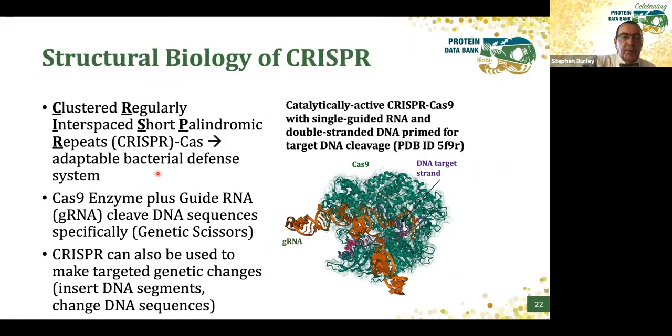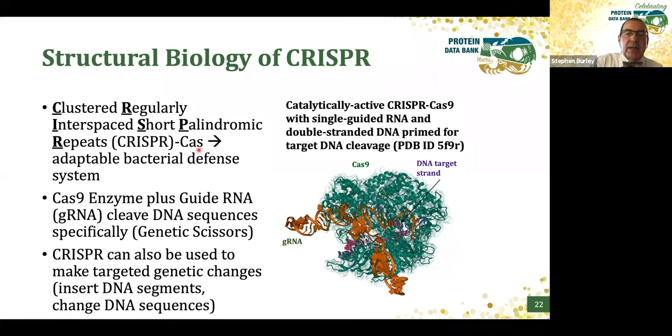Let me just tell you very briefly about CRISPR. I'm sure that you've seen a great deal in the news about CRISPR, particularly after the Nobel Prize in Physiology or Medicine was awarded for this work. I think it was last year. So CRISPR stands for clustered regularly interspaced short palindromic repeats.